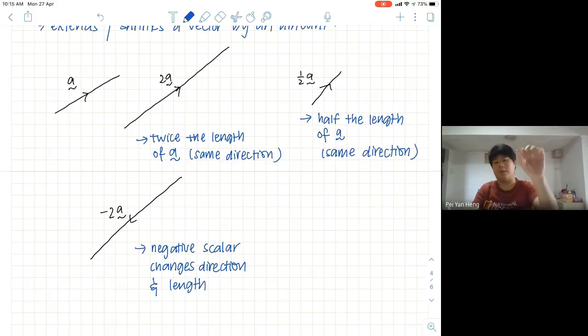We know how the numbers will affect the length. If you put a negative sign, it just changes the direction. That's all. Everything else applies. For a column vector, it works as per normal, like your column matrix.